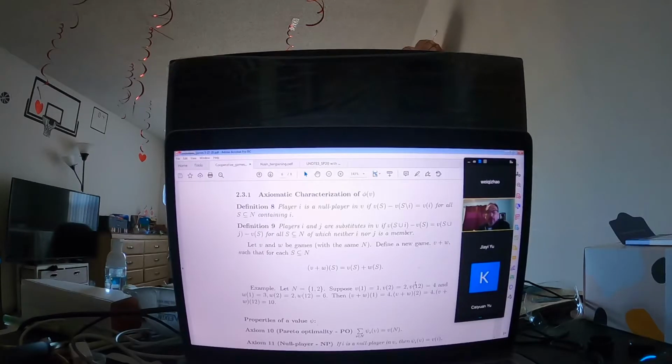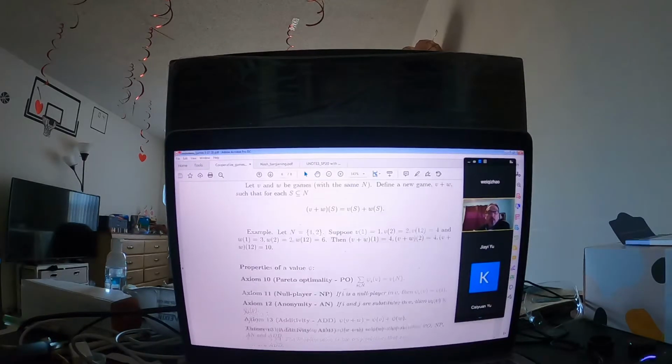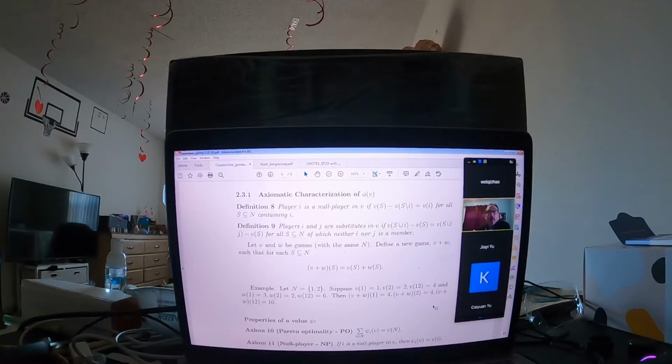So this is the null player axiom: if no one ever generates any surplus, then they should just take what they can receive on their own. Anonymity says that if two players are substitutes, and you recall the definition of substitute, players I and J are substitutes if their marginal contribution to any coalition is exactly the same.